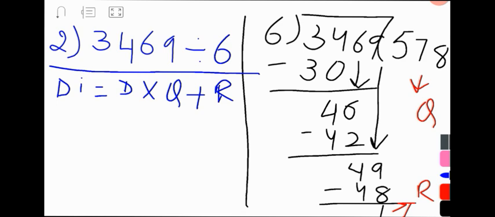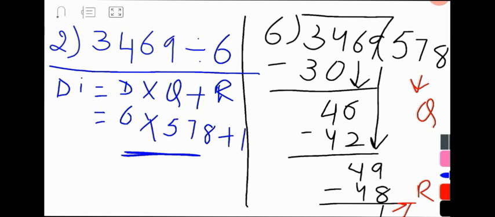Here our dividend is 3469, the divisor is 6 multiplied by quotient 578, plus remainder 1. First we multiply the divisor and the quotient, and then add the remainder.